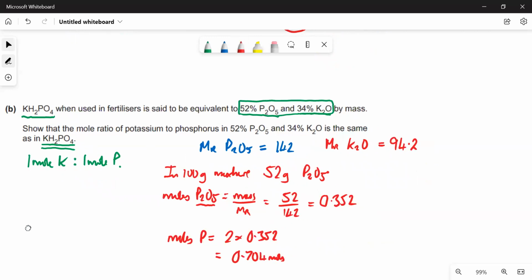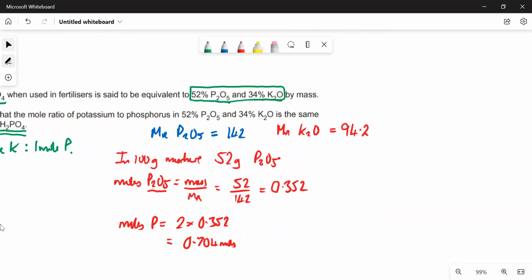Let's now do the moles of potassium. So in 100 grams of the mixture, we're going to have 34 grams of potassium oxide.